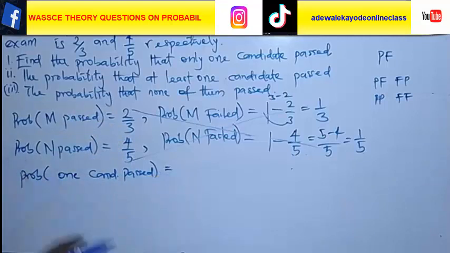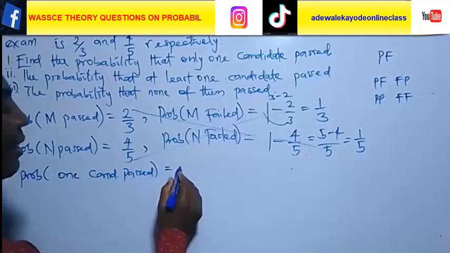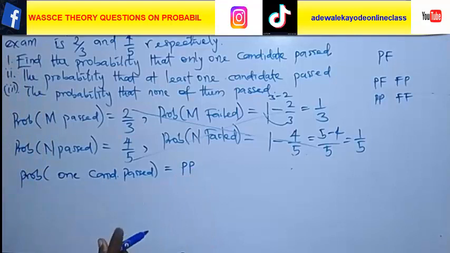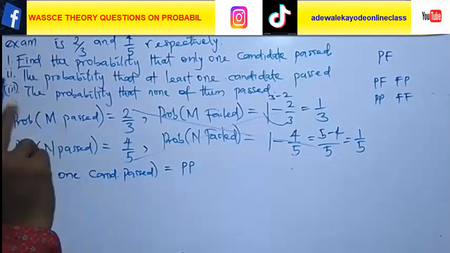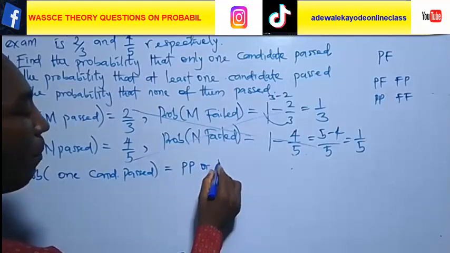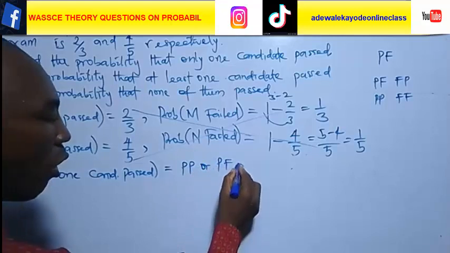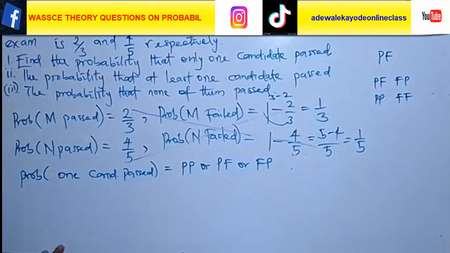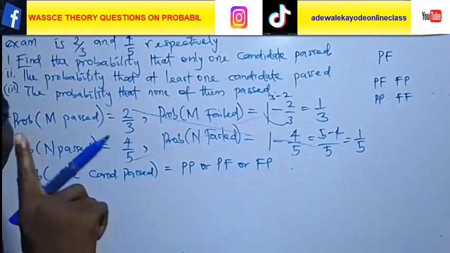It means either both of them pass, or pass-fail, or fail-pass. That's the simple logic: at least one of them passes.